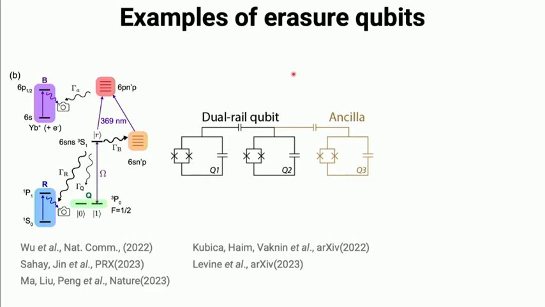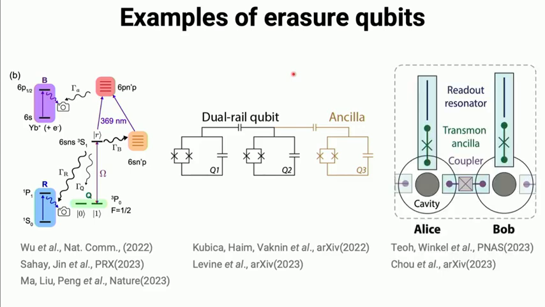I think we'll hear more about this on Friday. And another type is the dual rail encoded in harmonic oscillators in 3D superconducting cavities. So the work that I'm going to discuss here is going to be more of this flavor, the final one, but a different hardware, slightly more efficient and using less components.